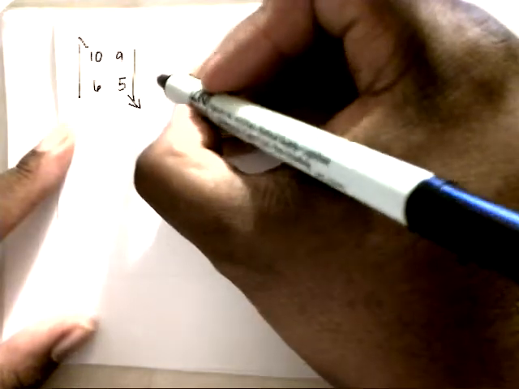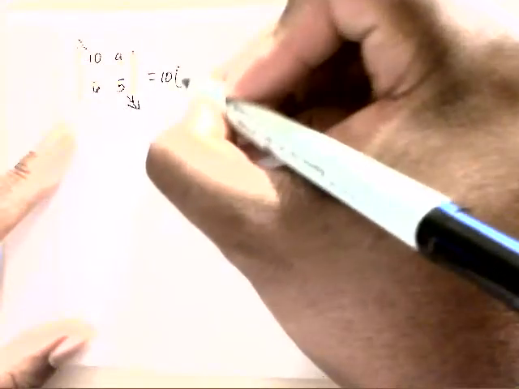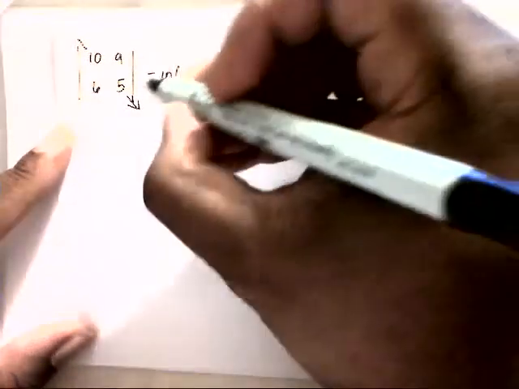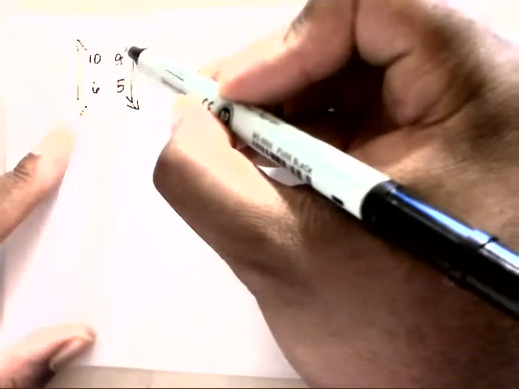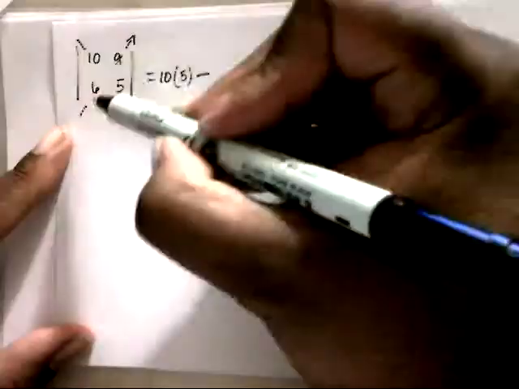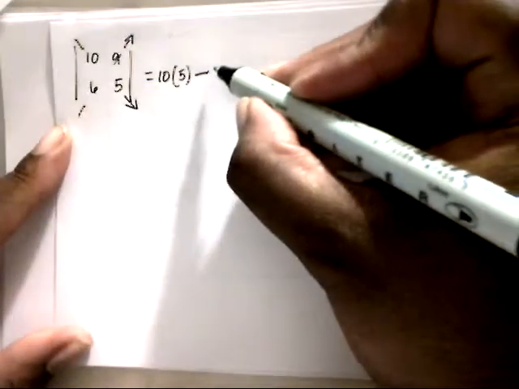So here, I find the product of this diagonal going from the upper left to lower right. That's in this case 10 times 5, minus the product of this diagonal from the lower left to the upper right, that's 6 times 9.